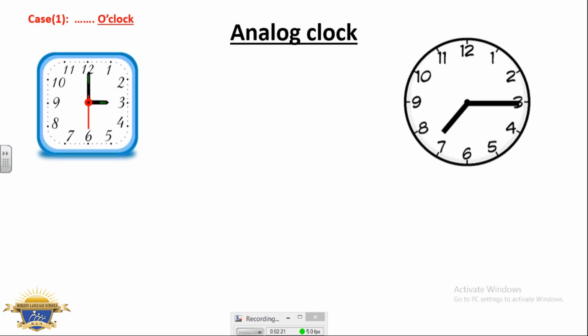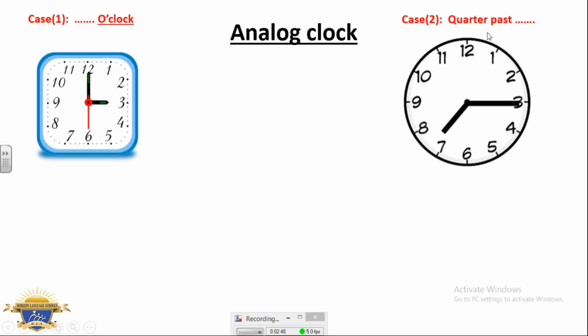Case number 2, when the tall hand, which is the minute hand, is on number 3. So it's quarter past. Quarter past is when the minute hand, or the tall hand, is on number 3.